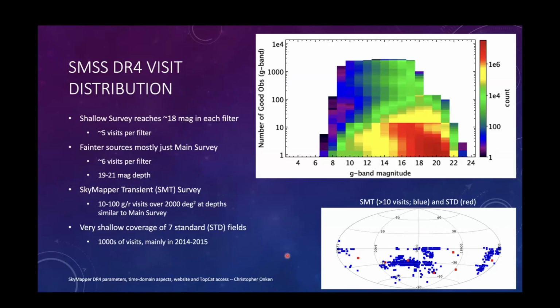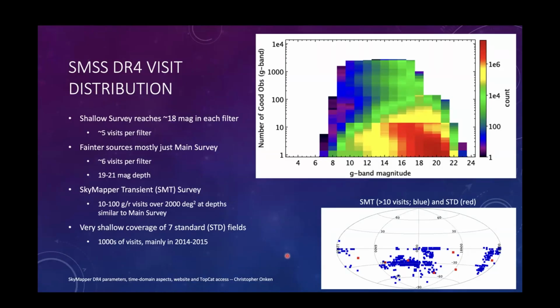Now, they, of course, weren't surveying with such patchy coverage of the sky, but their observations were primarily conducted in bad seeing time. And so, with the quality thresholds applied to data release 4, many of those observations were not included in the data release. And so, we end up with a slightly more patchy coverage.